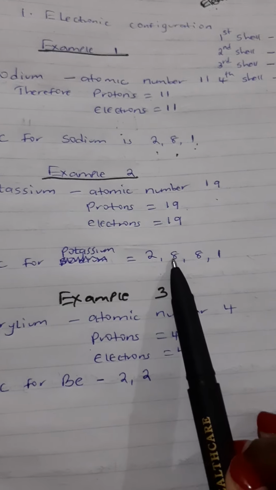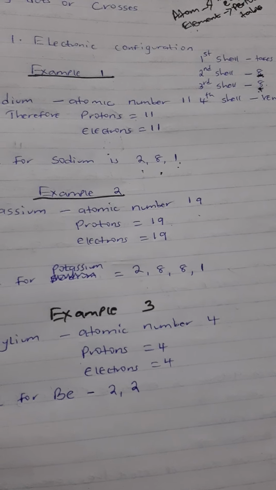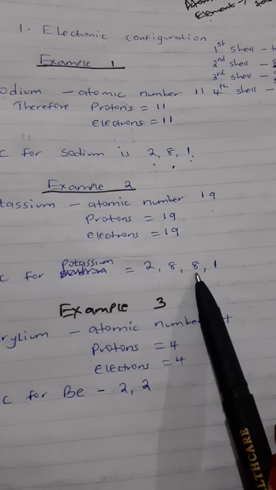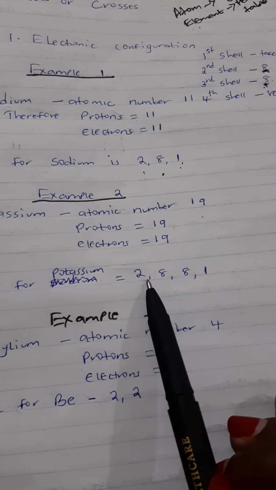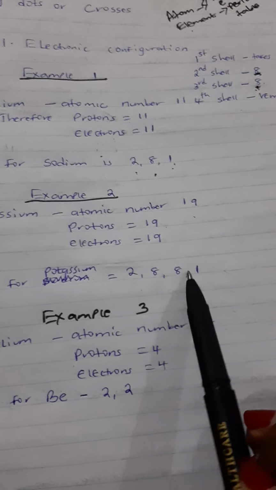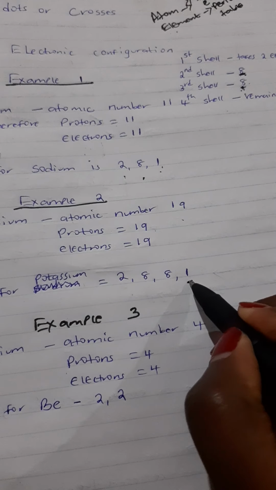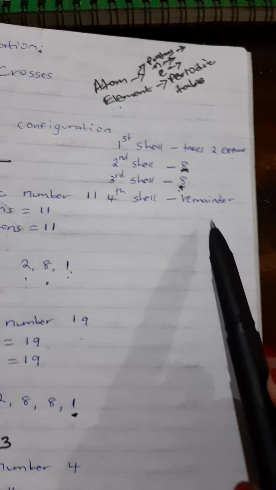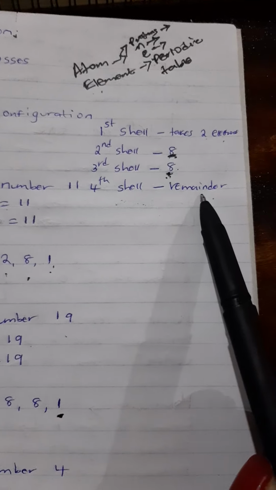So far we have 10, meaning we still have 9 more electrons, so the third shell can take 8. So 8 plus 2 is 10, plus 8, 18. So we have one more electron. We put the one more electron in the fourth shell. And that's why I have indicated that in the fourth shell, you put the remainder.